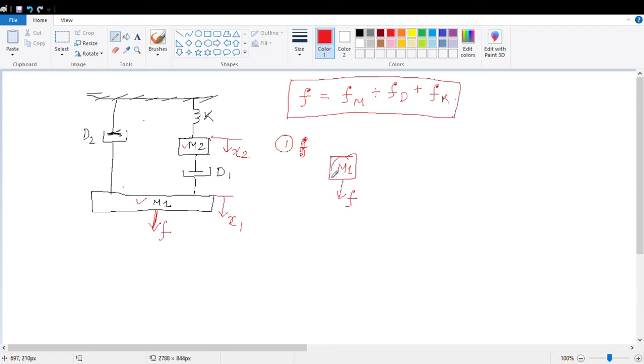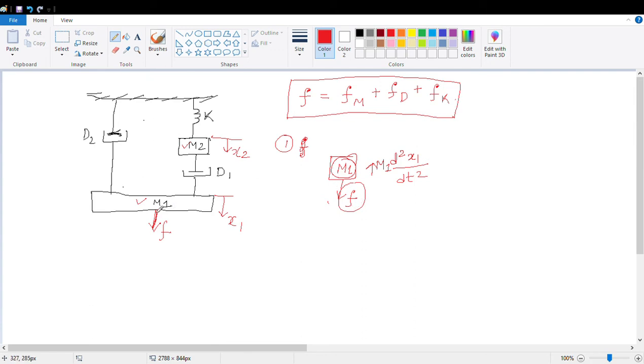The inertia force. What will be the inertia force? That force is M1 times the acceleration, d2x1 by dt square. It must be in the opposite direction of this applied force.